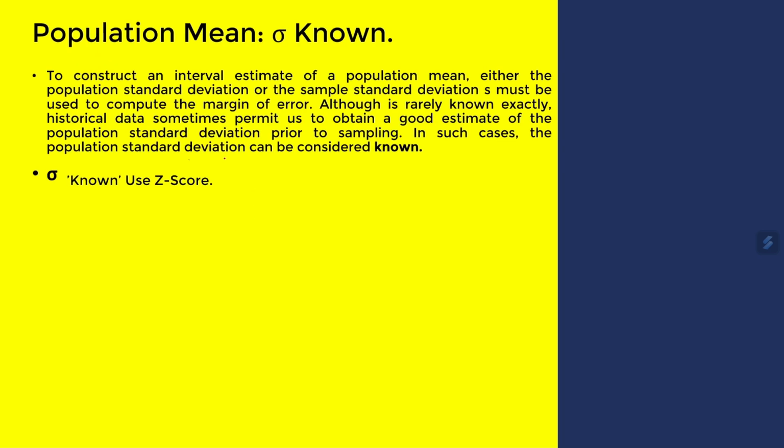Moving on. We have the first case, which is the population mean, mu. We know that the population mean is denoted by mu and the sample mean is denoted by x bar. Let us understand what this definition says. To construct an interval estimate of a population mean, either the population standard deviation sigma or the sample standard deviation S must be used to compute the margin of error.